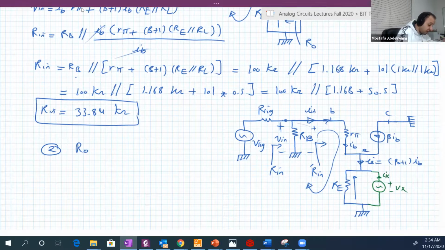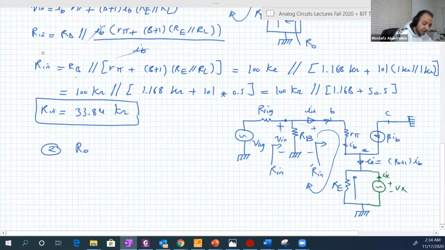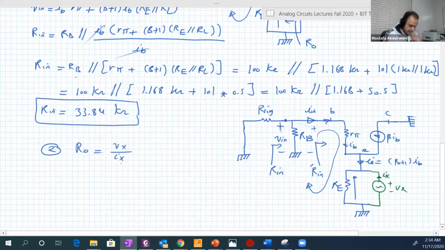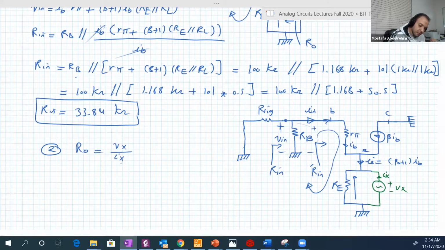And of course, we're going to cancel the source. So we have here one independent source, which is V signal. So we're going to short it. So RO will be Vx over Ix.